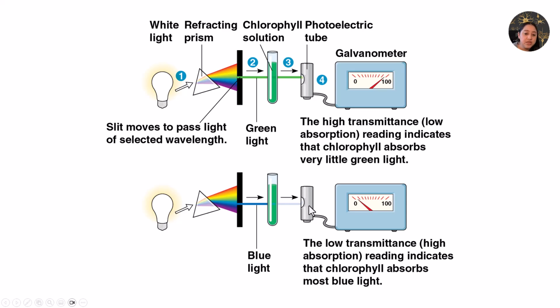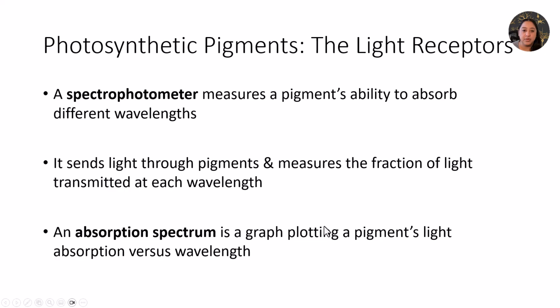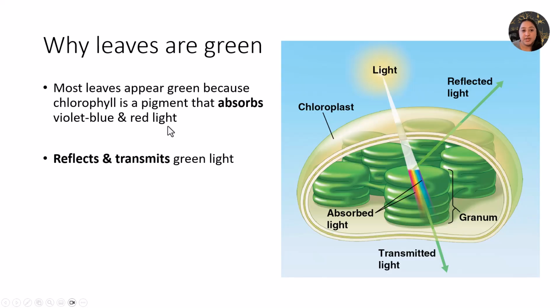In this case, for this wavelength, it's going to be a low transmittance because there's a high absorption. That means chlorophyll absorbs most blue light. So that's how we know what wavelengths and colors chlorophyll absorbs best, that chlorophyll absorbs violet to blue and red light.